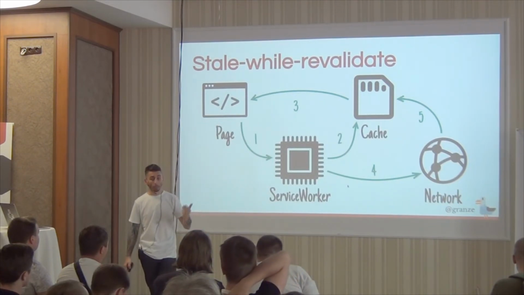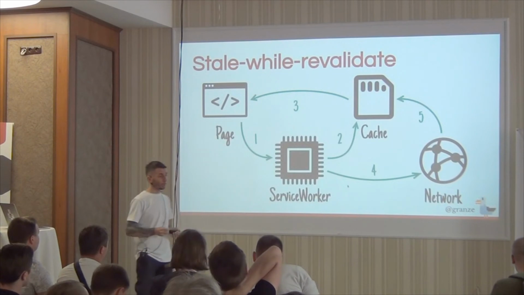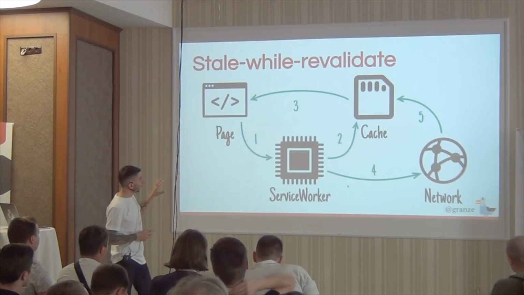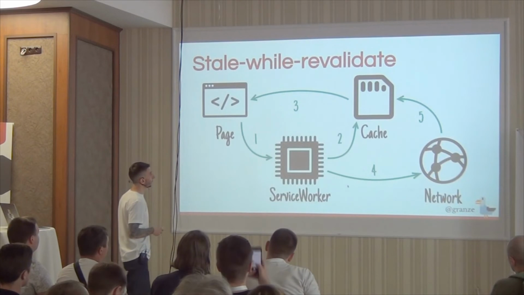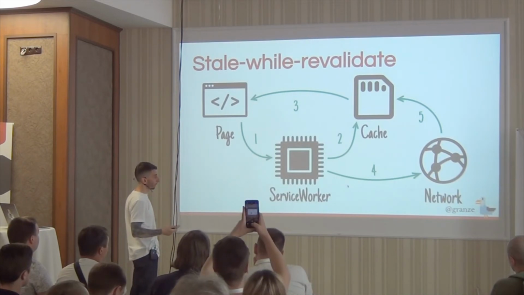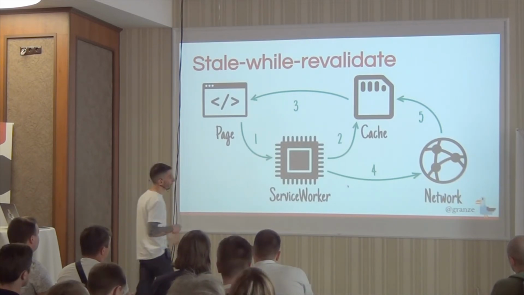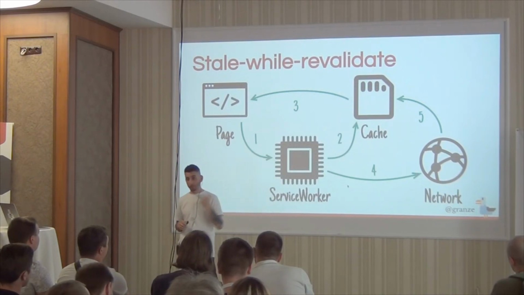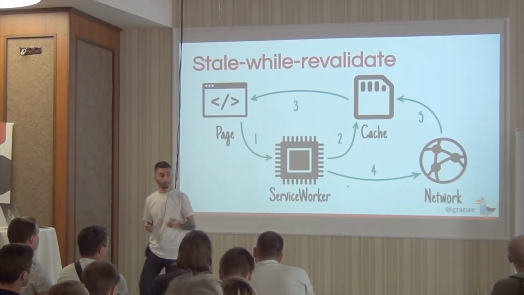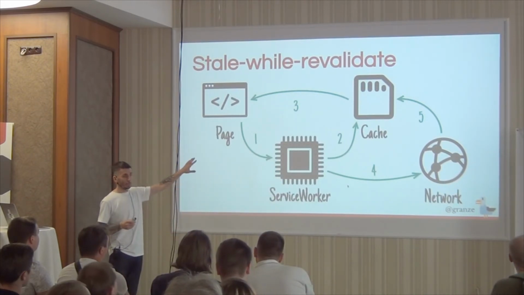So I will respond with the cached file to get an instant loading and offline support as well. But if I'm not offline, I will go to the network, grab the new stuff if something is there, and update my cache.